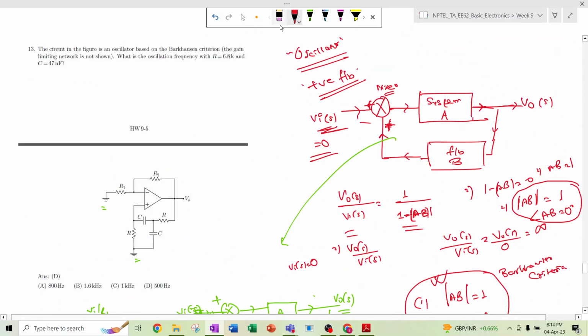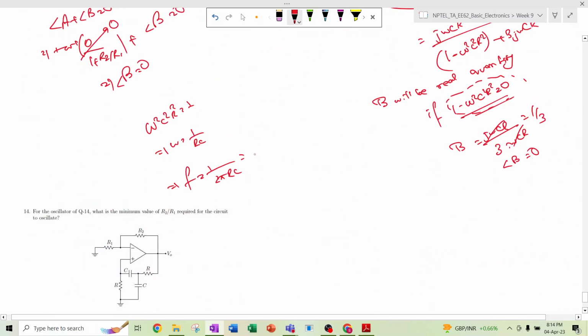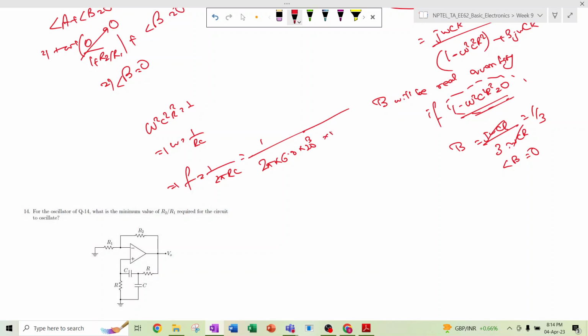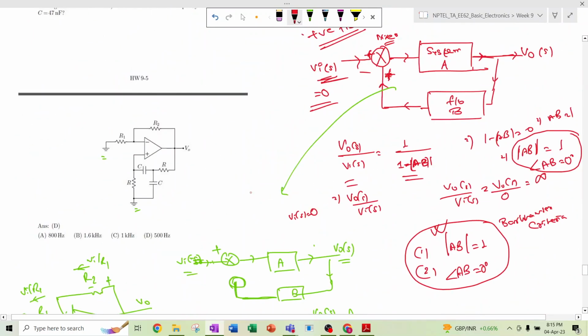Okay, so now R and C are 6.8K and 47 nanofarad. So what is the frequency of the oscillation? That is the question, right?